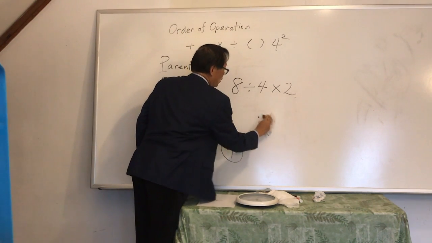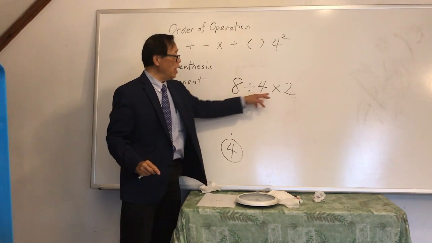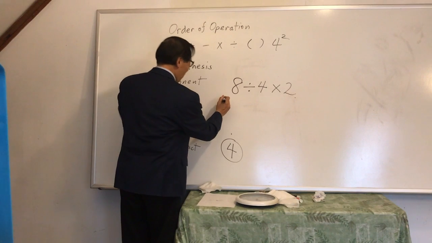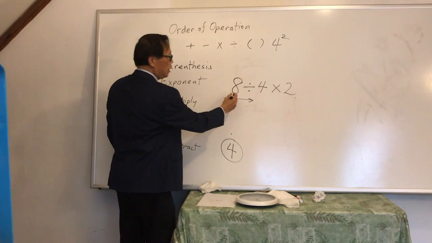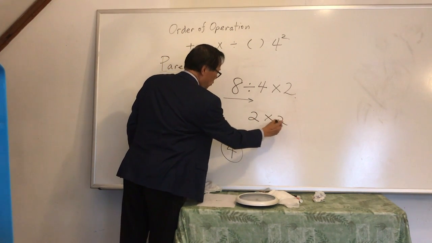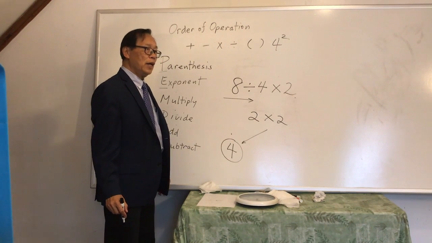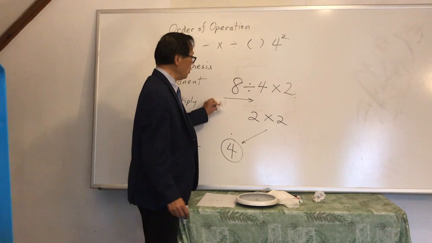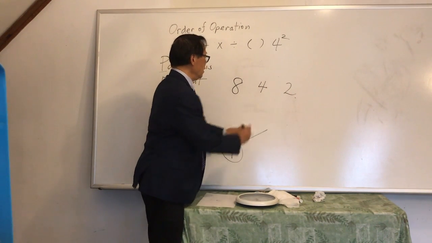Well, when you encounter multiplication and division in the same problem, you need to do what comes from the left first, as you write. So 8 divided by 4 is 2, and then 2 times 2 gives you 4, and that is the correct answer. Okay, and same thing with addition and subtraction.